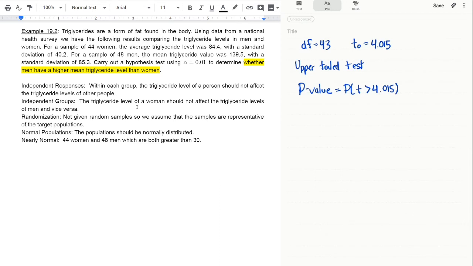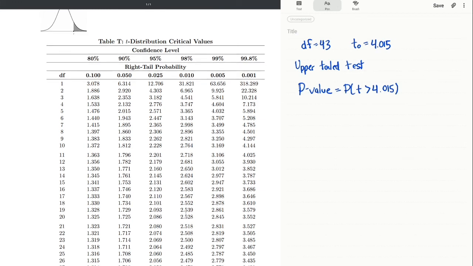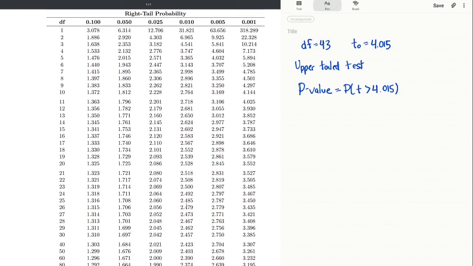Now we will use our t-table to determine the p-value. We want to look for 43 degrees of freedom. If we look in our table, 43 degrees of freedom isn't listed, so we're going to round down to the closest, which is 40 degrees of freedom.